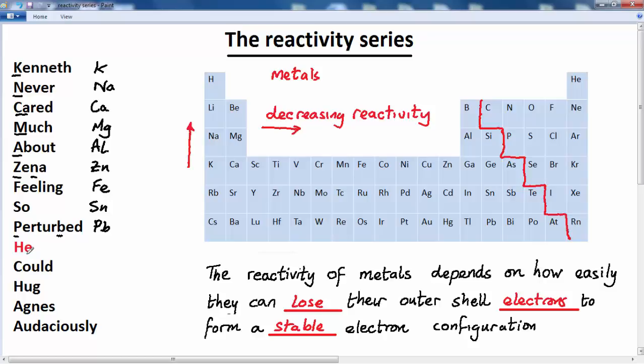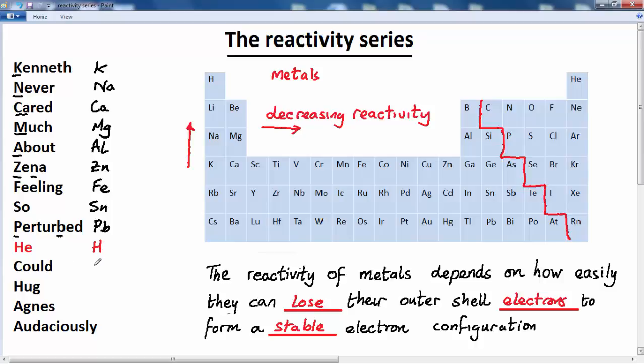And then I've got in red highlighted here H for hydrogen. Now, hydrogen isn't a metal, as you know, but it's important to know its position in the reactivity table, and we can use this as a reference to help us understand how metals react with, for example, water or acids, and we will see that in the next couple of lessons.